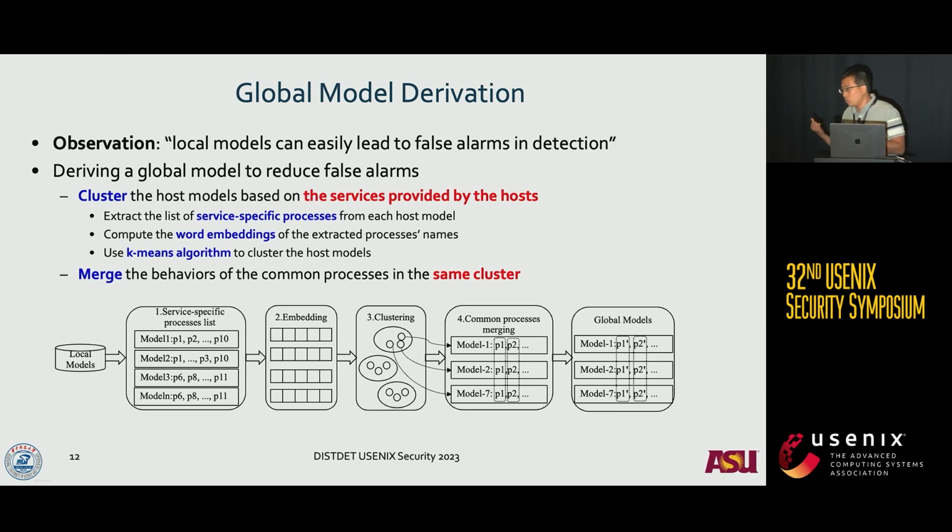We expect those hosts will have similar service processes, right? So based on these similar service processes, we cluster the hosts, and then we merge the behavior of the benign processes in this cluster. In that way, we can derive a global model, and then we send this derived global model back to the clients, and the clients can update their local models with this global view. This can also help reduce the false alarms.